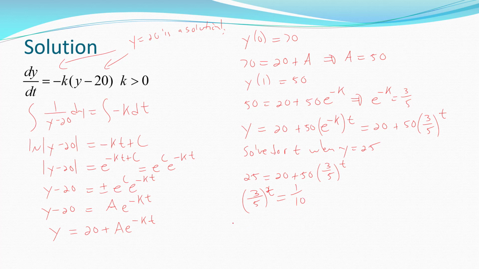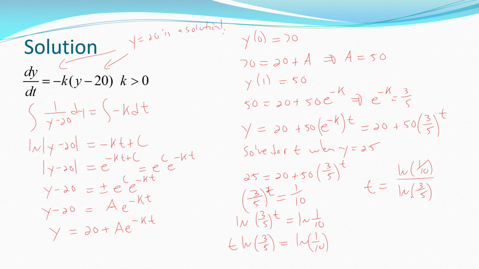So that would then mean that the natural log of 3/5 to the t power would equal to the natural log of 1/10. So t times the natural log of 3/5 would then equal to the natural log of 1/10. And that means t is therefore equal to the natural log of 1/10 divided by the natural log of 3/5. And you can, of course, go and simplify that if you want to.